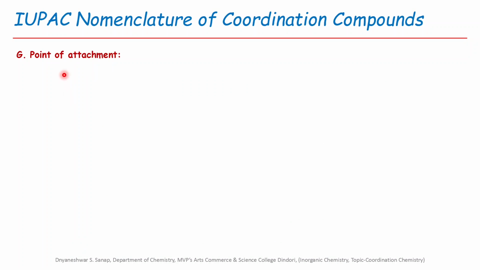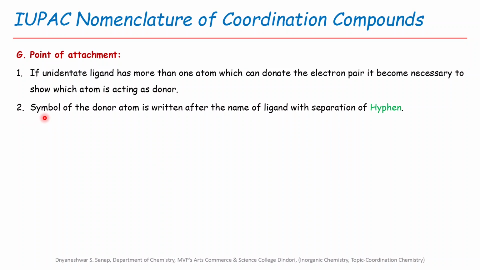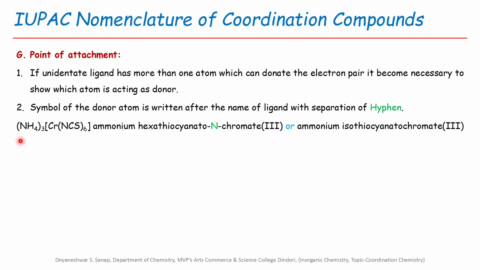The next important point is the point of attachment. If a unidentate ligand has more than one atom which can donate an electron pair, it becomes necessary to show which atom is acting as the donor. The symbol of the donor atom is written after the name of the ligand, separated with a hyphen. Let us see an example: ammonium hexathiocyanato-N-chromate(III), or ammonium hexaisothiocyanatochromate(III).